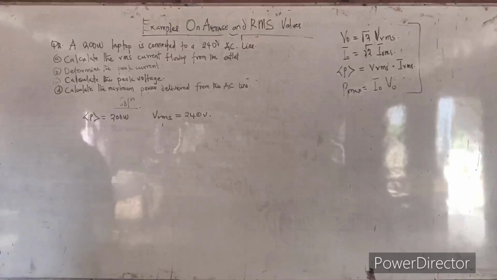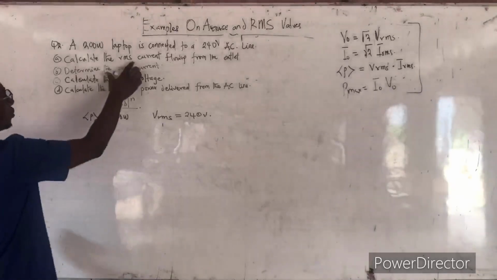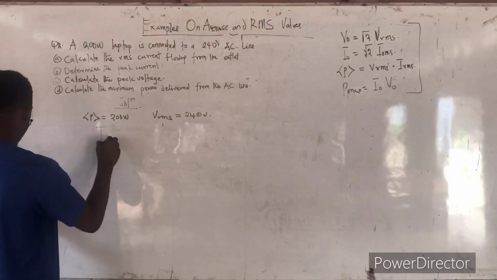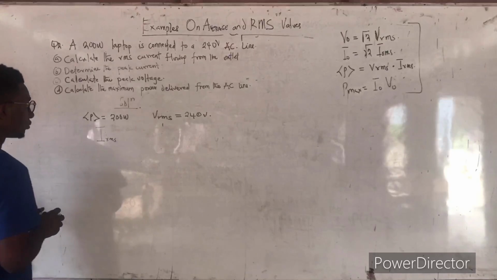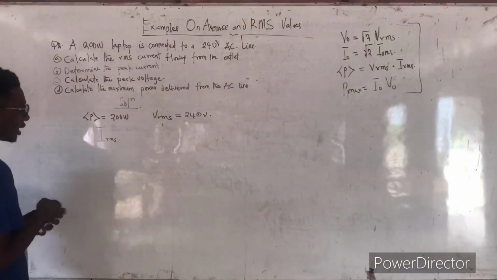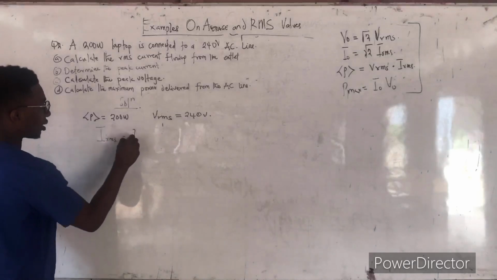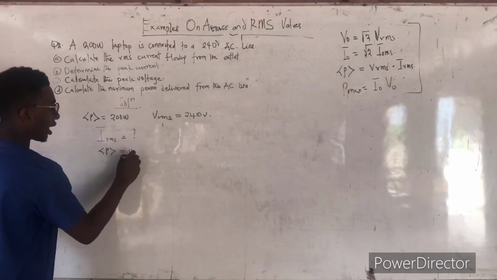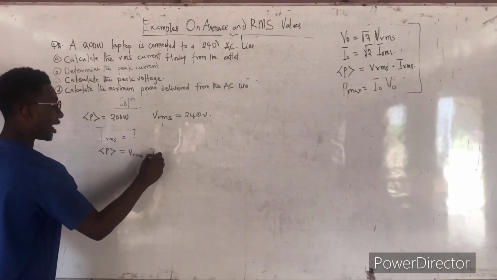Okay. Now the question says you should calculate the root mean square current. So that means the RMS current. How do you calculate for the RMS current? So take note that we said the average power is equal to VRMS dot IRMS.